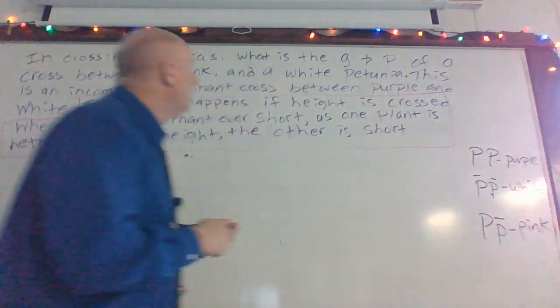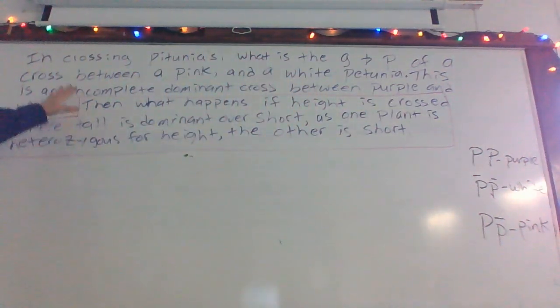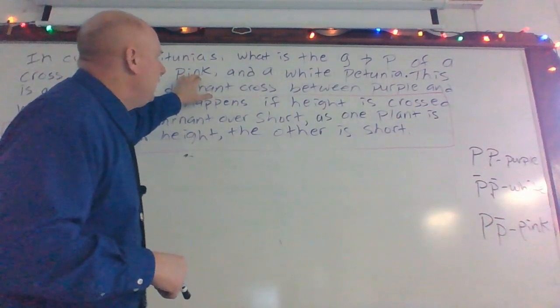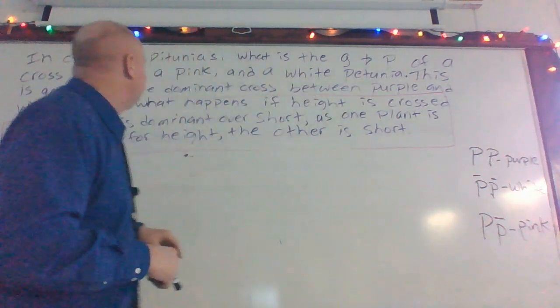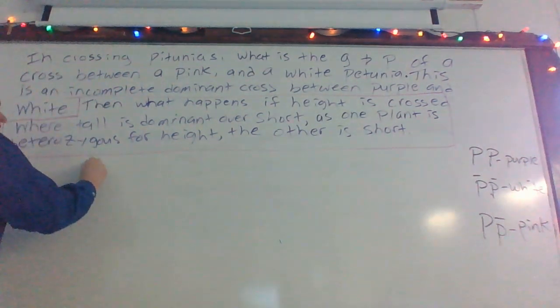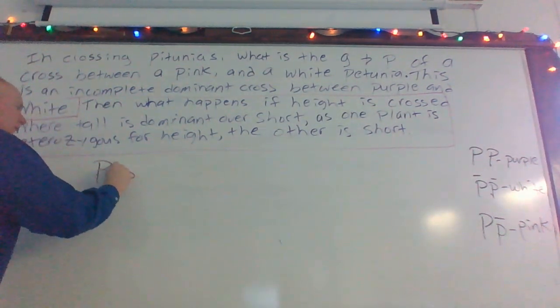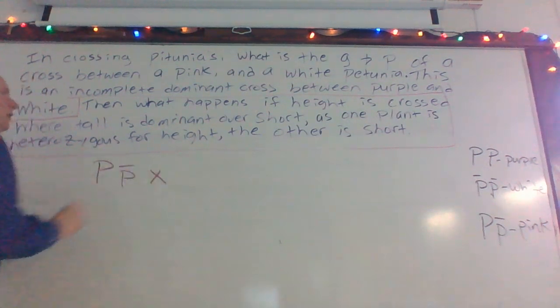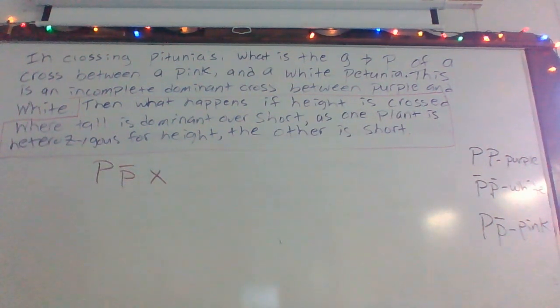Okay, so in this monohybrid cross, what happens when we cross a pink and a white petunia? What's the genetic makeup for a pink petunia? What type of P's? Big and little. That's a heterozygous trait.